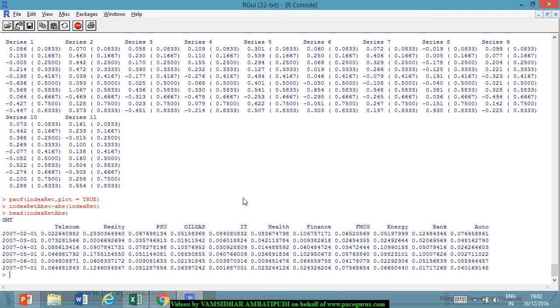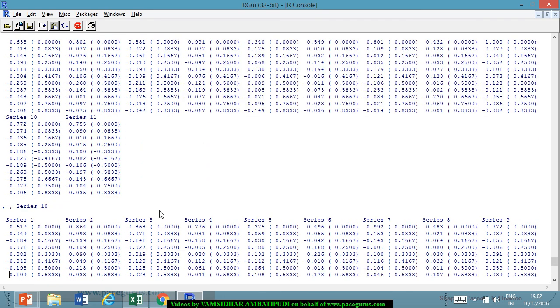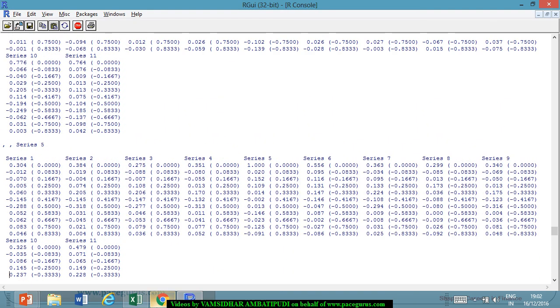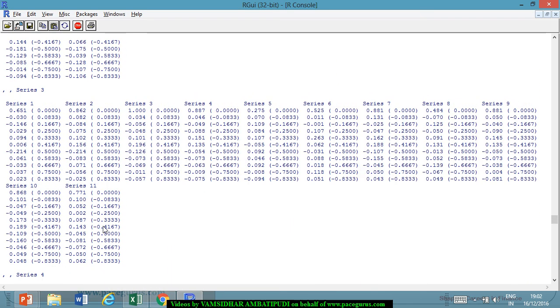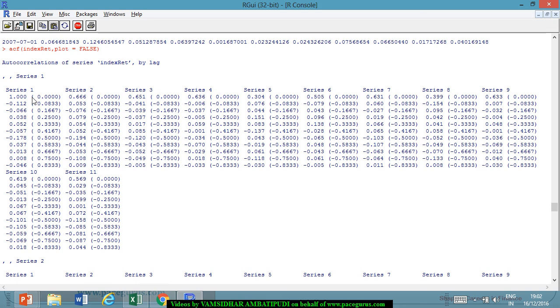Now I can very well look at the ACF associated with this, which will give me the autocorrelation function. So for the index ret, I can take the autocorrelation function with a plot. This time let me make it as false. So again, for different series, this is how the autocorrelations are going.